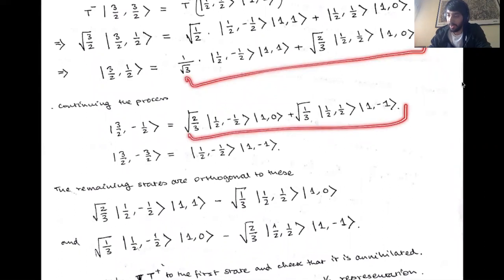The remaining states are going to be the ones which are orthogonal to these. So you have one state here and another state here, and you have to find the orthogonal ones. You remember that if you take phi and psi, then phi and psi is equal to 0.